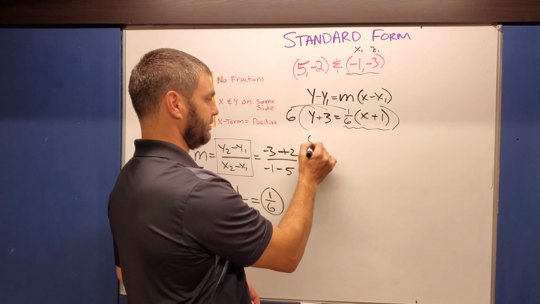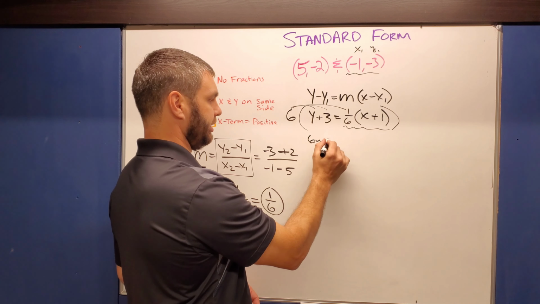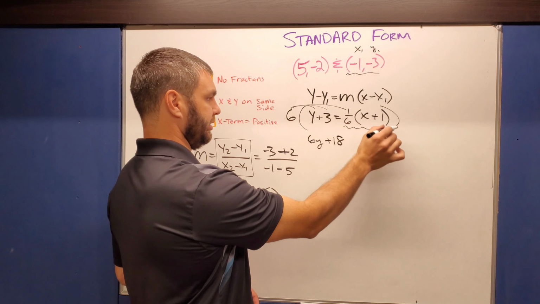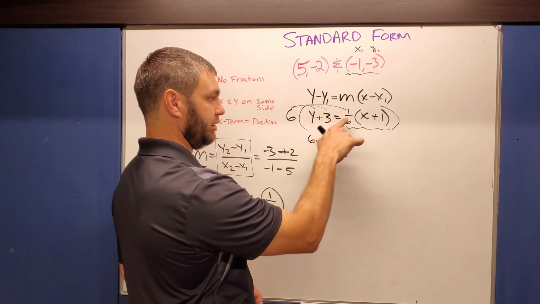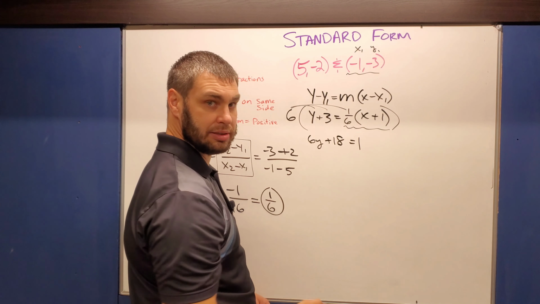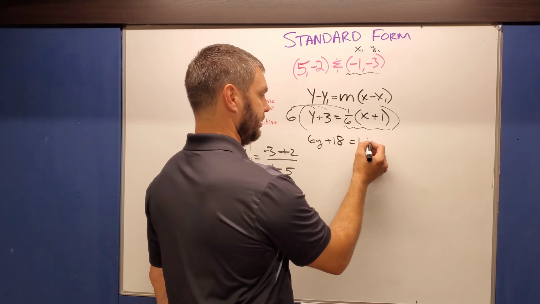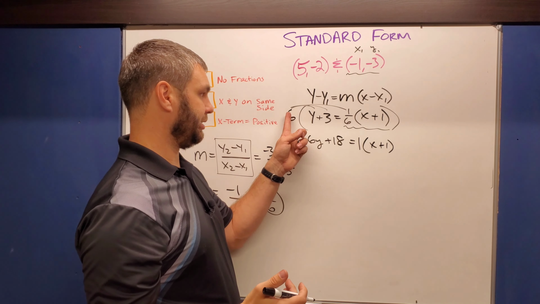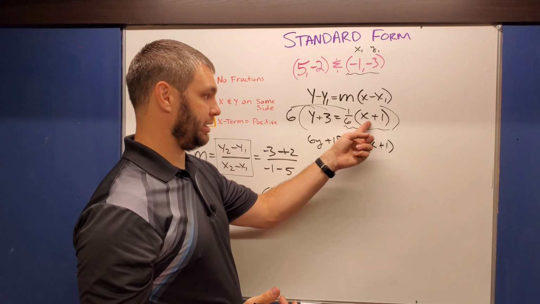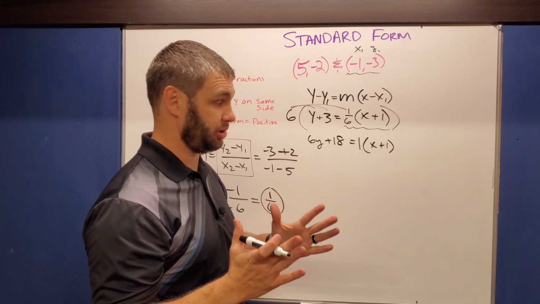6 times y is 6y. 6 times 3 is 18. And then on this side, if we multiply and divide by 6, those will cancel, leaving me with just a 1 times that same quantity, x plus 1. So again, you only distribute to the number in front; that quantity stays the same because it's all one term.